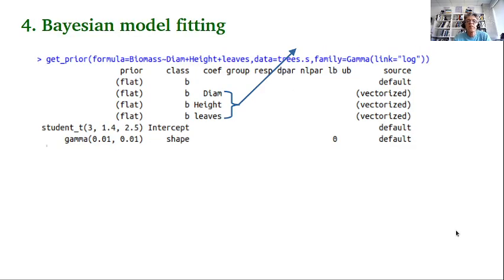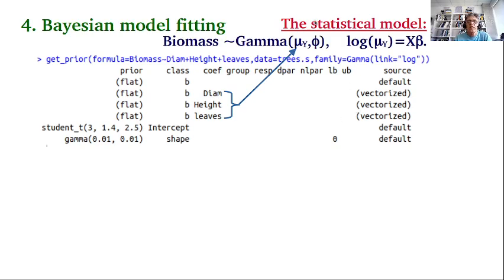For the Bayesian model fitting, the statistical model includes the partial slopes determining the mean of the response variable, and the shape parameter of the gamma distribution, this phi coefficient, and we are going to use a log-link function.